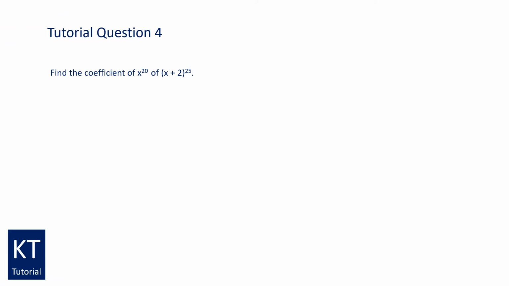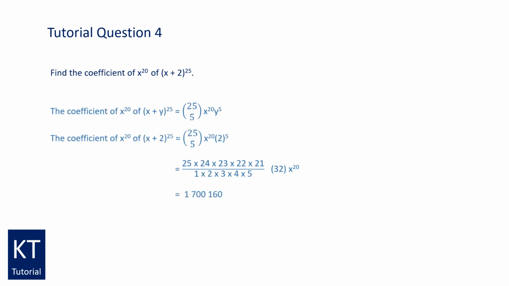Let's try this on tutorial question 4, where we are asked to find the coefficient of x to the power of 20 of (x plus 2) with the order of 25. This would be the product of the combination notation 25C5 and 2 to the power of 5, which works out to be 1,700,160.